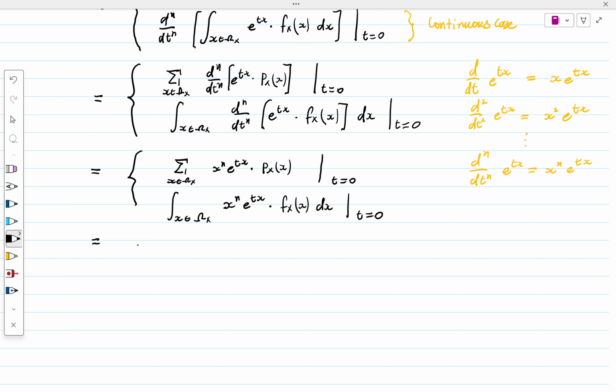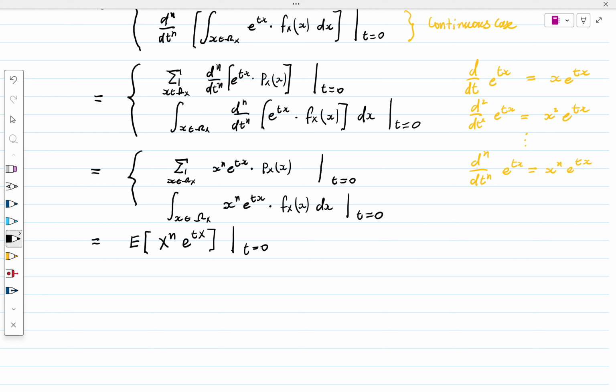So in both cases, it is by definition the expected value of x to the n e to the tx. Still, of course, evaluated at t equals 0. Still got to do that.